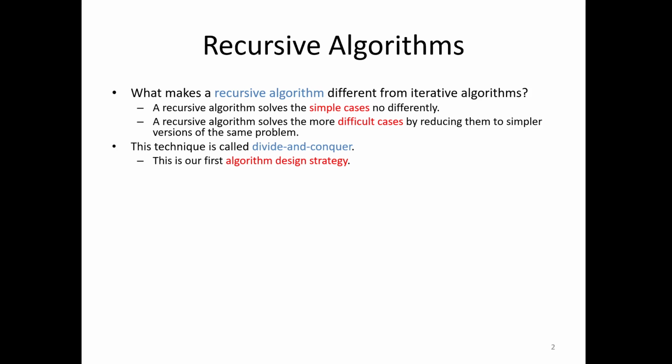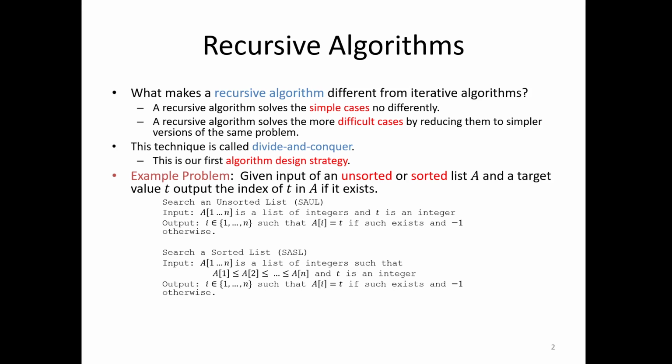So we're going to take a look at that, and to do that I want to look at two problems that we're probably very familiar with: searching an unsorted list and searching a sorted list.